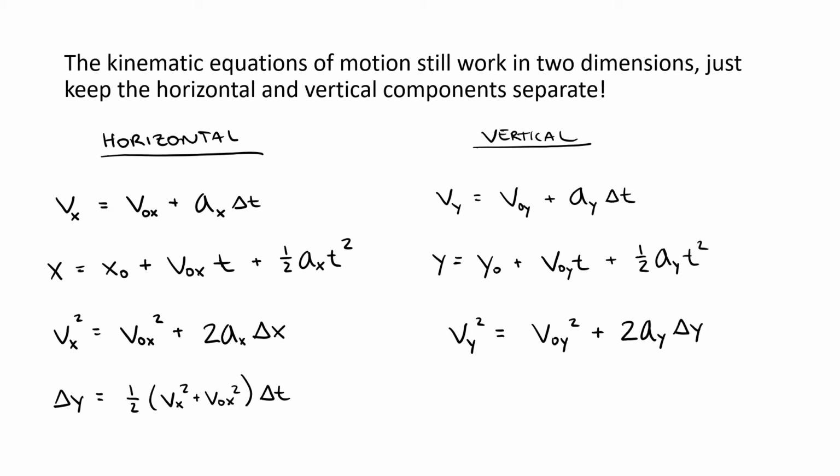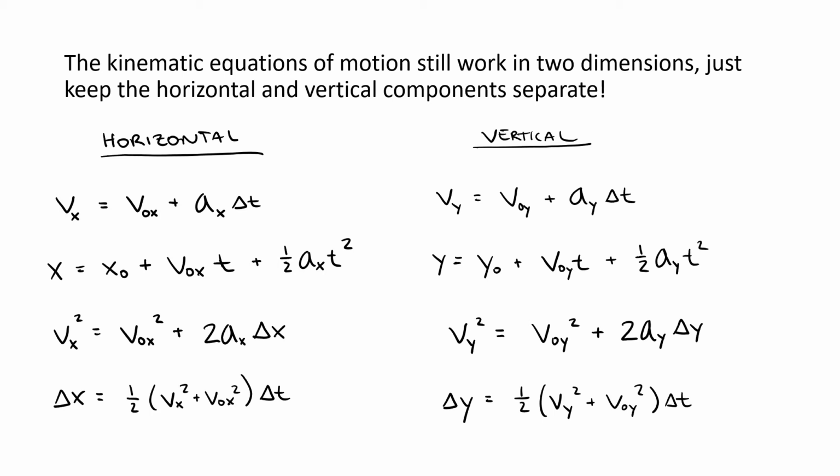Delta y. Oh, I made a mistake over here. On the bottom left, I had a delta y that should have been an x. Down on the bottom right, that is delta y. Then we have 1/2 vy squared plus v naught y squared delta t.